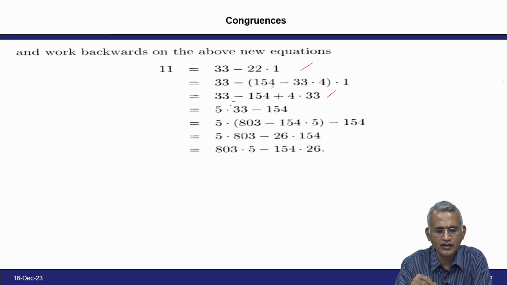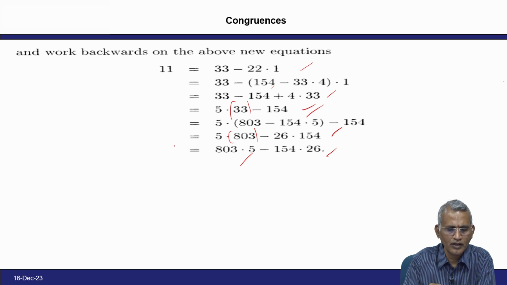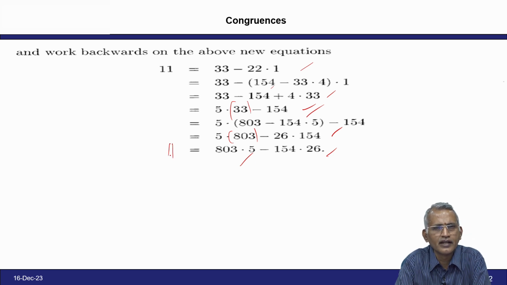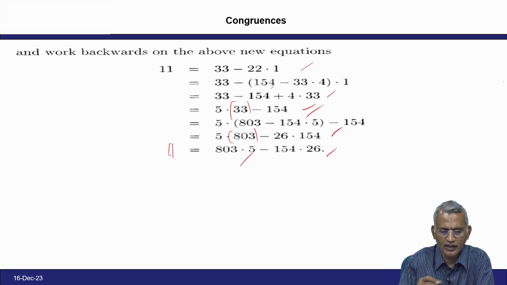The coefficient of 33 is 5 and of 154 is minus 1. Then substitute 33 as 803 minus 154 into 5, and multiply: 5 into 803 minus 5 into 5 is 25, minus 1 is 26, into 154. Therefore, it can be expressed as 803 into 5 minus 154 into 26. Therefore, 11 can be expressed through the linear Diophantine equation as 803 into 5 minus 154 into 26.